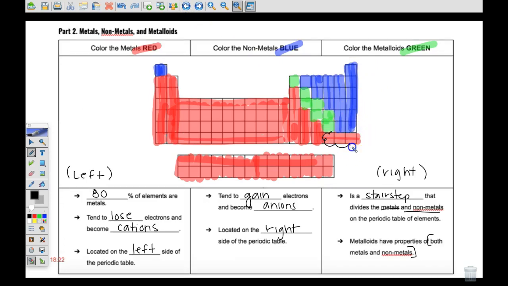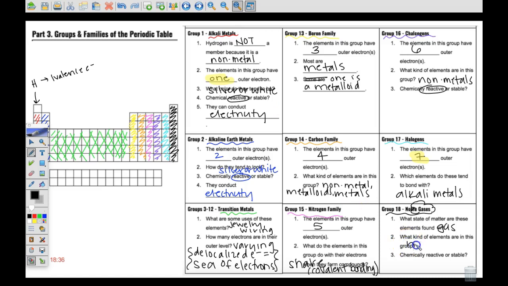I'm going to be really honest, these metals only exist in the lab, so we don't really consider them when we talk about different types of families, especially at the high school level. So these are all nonmetals. And this is the only family that's chemically stable because of their full octet. So their outer ring is all filled up with electrons, and they're very happy and satisfied and stable.